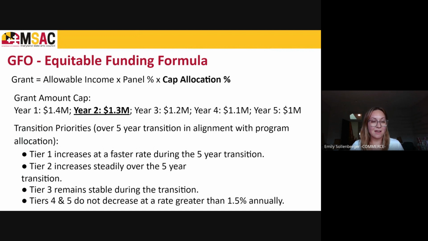Additionally, as I mentioned on the other slide, there's some priorities to increase tier 1 at a faster rate during the 5-year transition, tier 2 to increase steadily over 5 years, tier 3 remains stable, and tiers 4 and 5 do not decrease at a rate of 1.5% or more. So we're keeping those in mind as we do all this great big math problem once we get all of the numbers set.